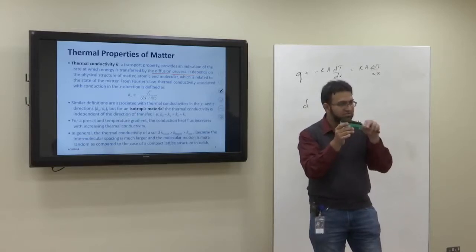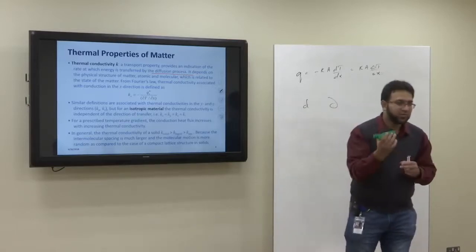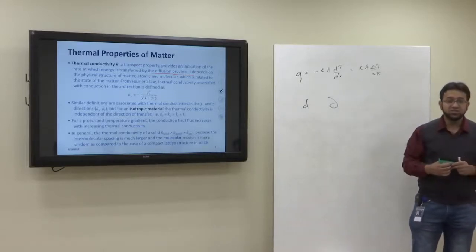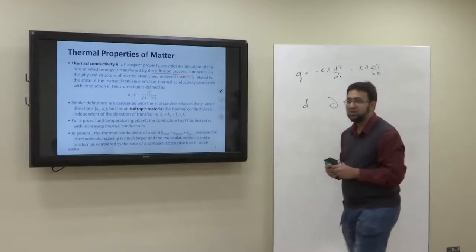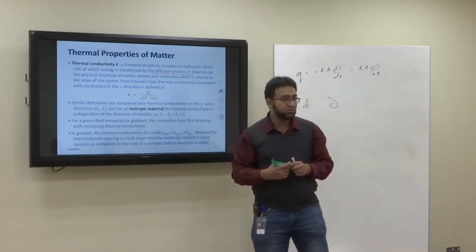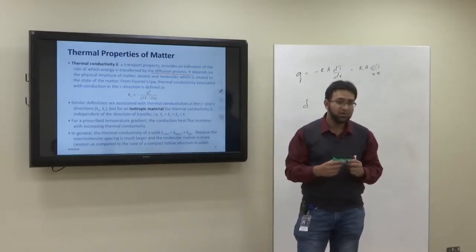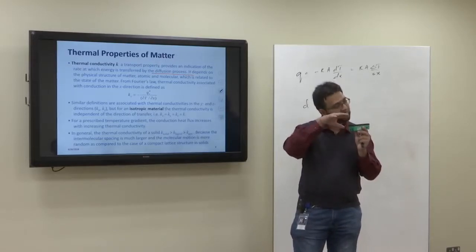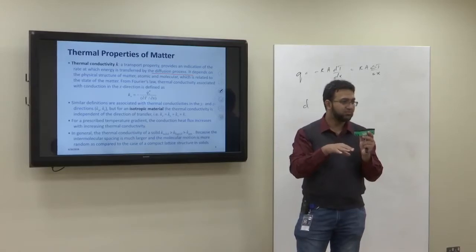If the temperature differences are the same, the transport of heat would be the same because the material is the same. But sometimes transport properties also vary with direction. There might be some material which has good heat transport in one direction, but not a very good one in the other direction.